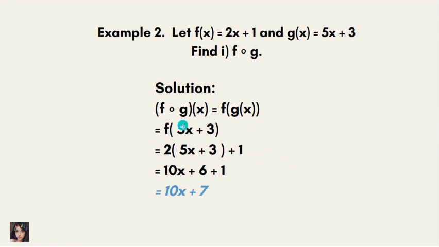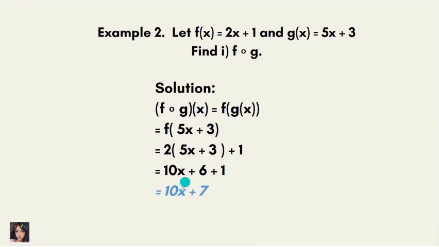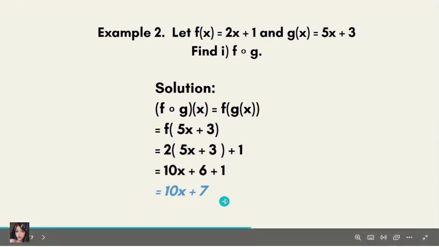So, distribute and simplify. So 2 times 5x is equal to 10x, and 2 times 3 is equal to 6. Copy the 1, and then add the like terms. 10x copy, then 6 plus 1, 7. So we have here now 10x plus 7. So the value of f composed of g of x is equal to 10x plus 7.